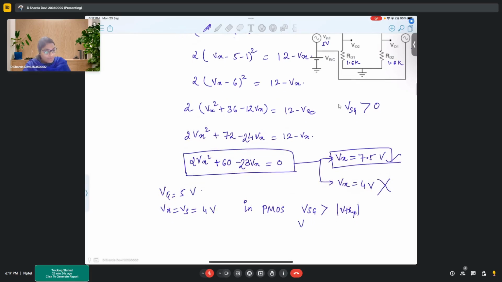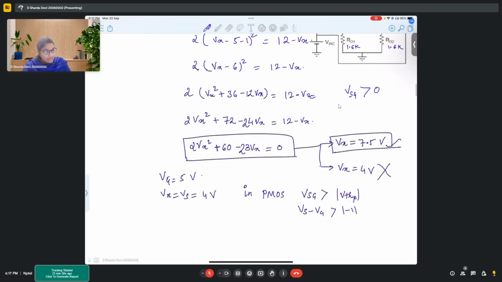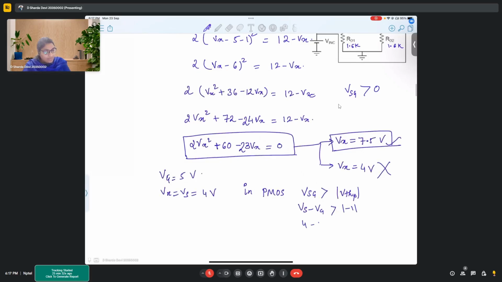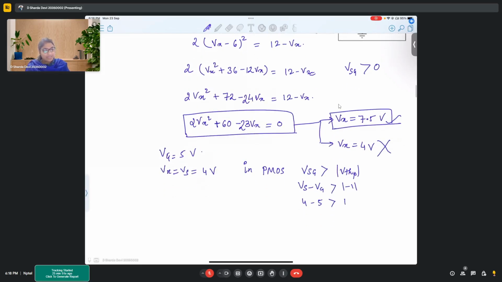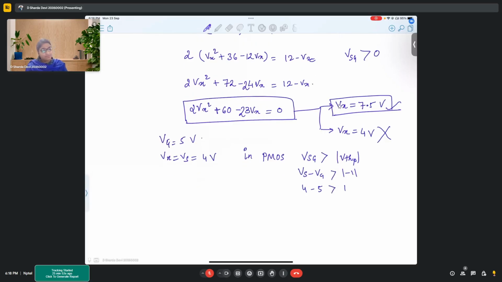Yes, ma'am. So this should be Vs minus Vg, which should be greater than mod of -1. Now Vs is 4 volts, Vg is 5 volts. Will it be greater than 1? No, ma'am. No, right? So that's why it's impossible to have your Vx as 4 volts. Understood. So that's why we move ahead with the Vx of 7.5 volts.